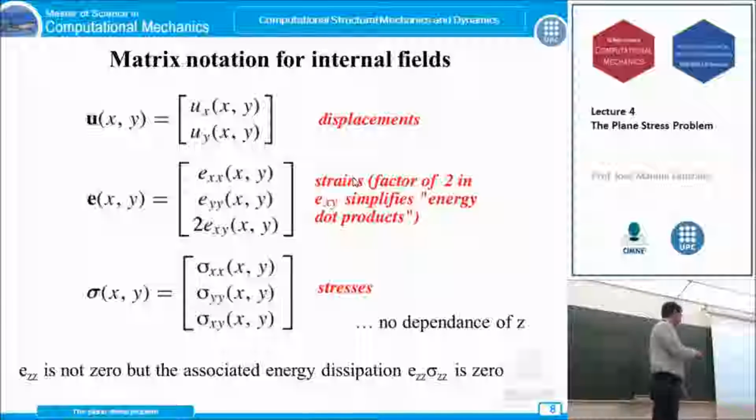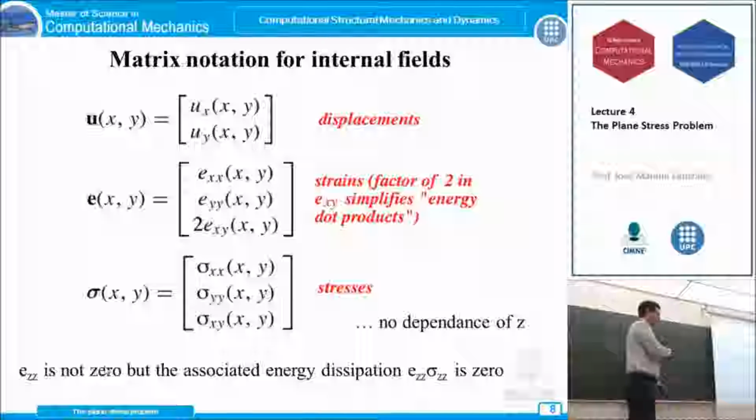Okay. What happened with this strain here? This is an important point. Look here. What happens with this vertical strain? In fact, this vertical strain is not zero in general. Which is zero is the z stress. So vertical stress is zero because we have application of the forces in the in-plane dimensions.